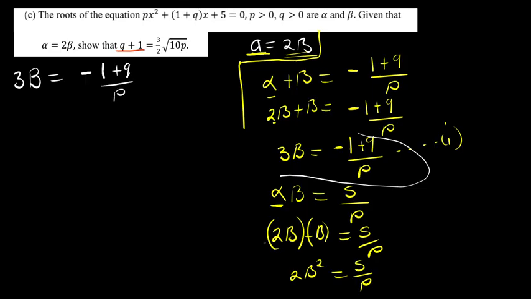And the second equation is 2 beta squared equal to 5 over p. Okay, now I can remove these ones this side.